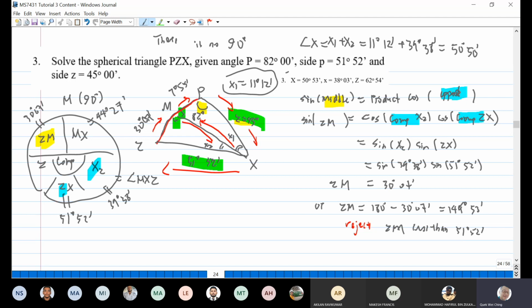So what is PZ now? PZ is actually the side x, right? So x is equal to ZM plus MP. ZM is 30 degrees 7 minutes, MP is 7 degrees 55 minutes. So we add together, which is the length of this one now.